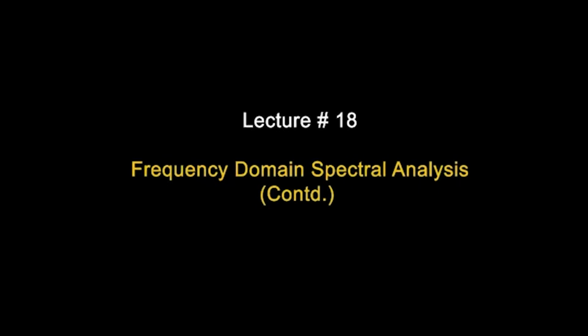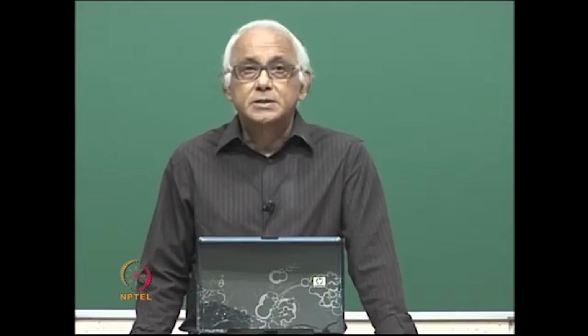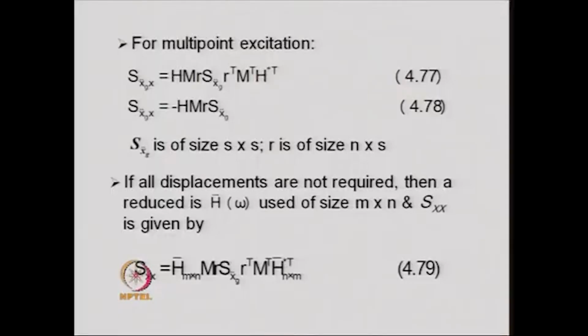In the previous lecture, we discussed the response analysis of structures subjected to multi-point excitation, and how we obtained the power spectral density function matrix for the responses, given the power spectral density function of the ground excitation.